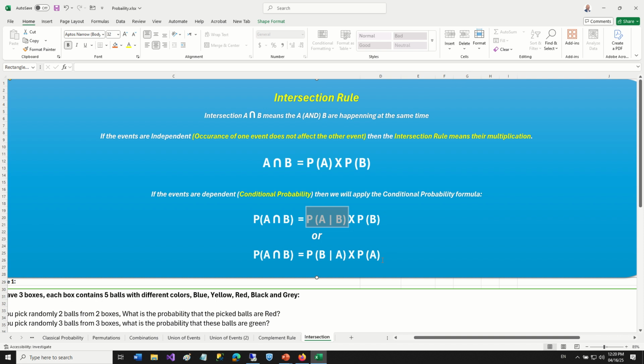That is multiplied by probability B, or probability of A intersection B equals probability of B given A multiplied by probability A.